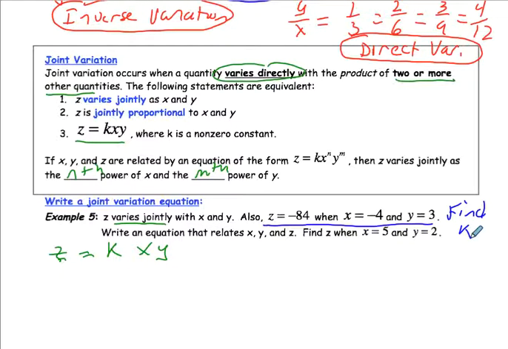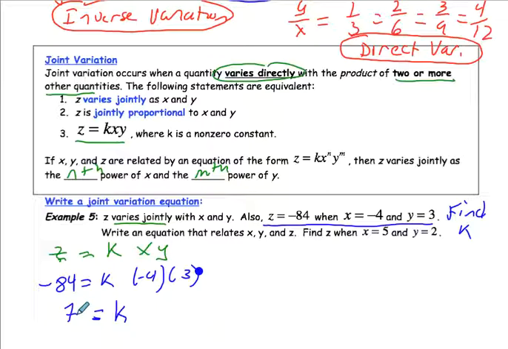So z is equal to negative 84 when x is equal to negative 4 and y is equal to 3. So if we solve this, we're going to get k is equal to negative 84 divided by negative 12. So k is equal to 7.